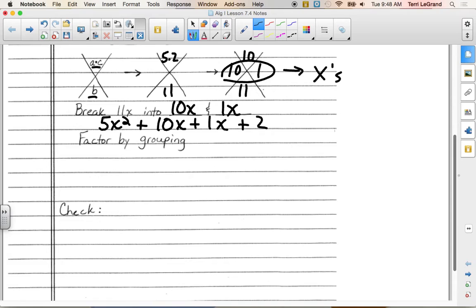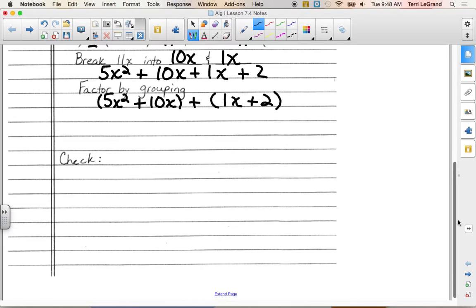We have a 4-term polynomial now. We don't have any subtraction, so we can go right to setting up our groups. So let's have those first 2 be a group, and the last 2 be a group. And then take care of each group independent of each other for a bit here.